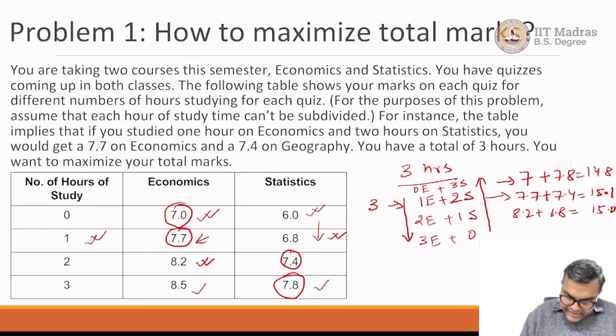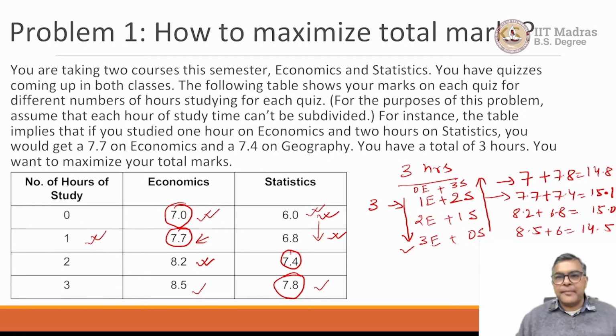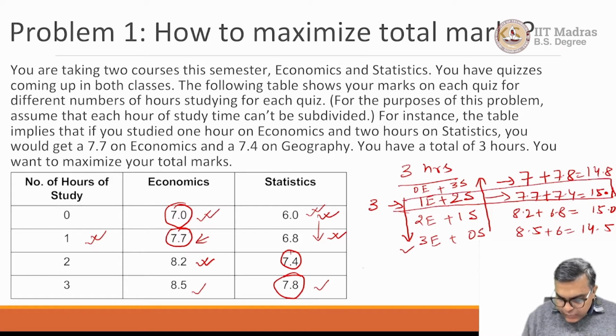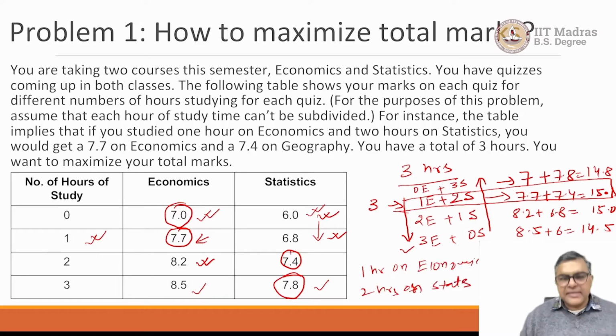And next combination is 3E, 8.5, and 0S gives you 6, so 14.5. So of course you should pick this particular combination, which is 1 hour on economics and 2 hours on stats, and this is the best outcome that you are getting.